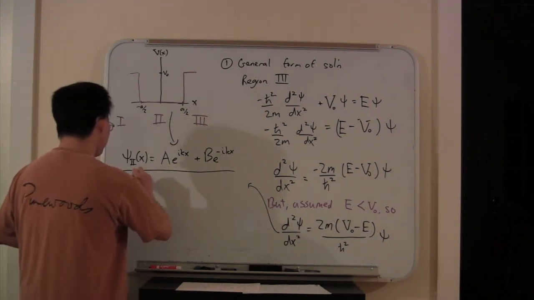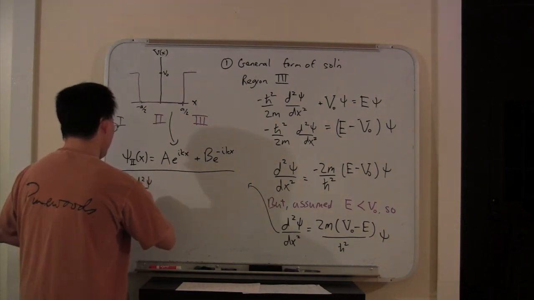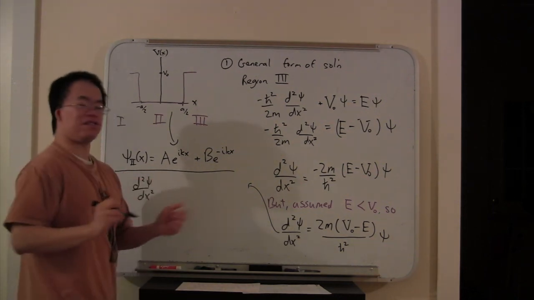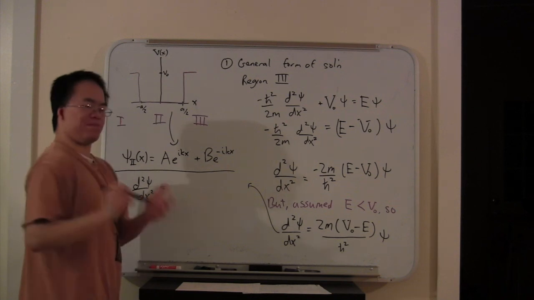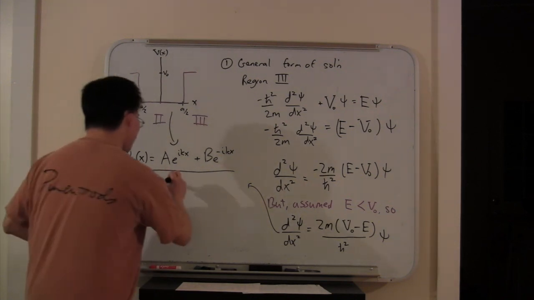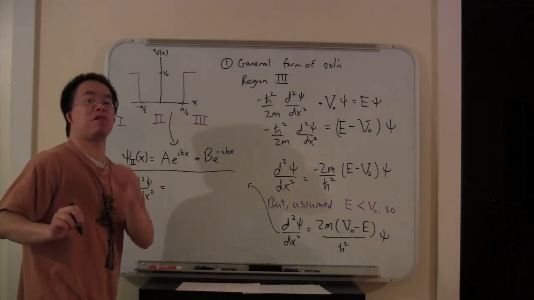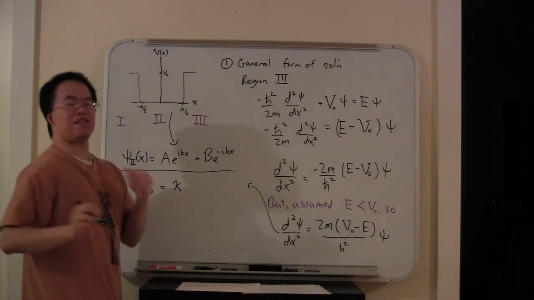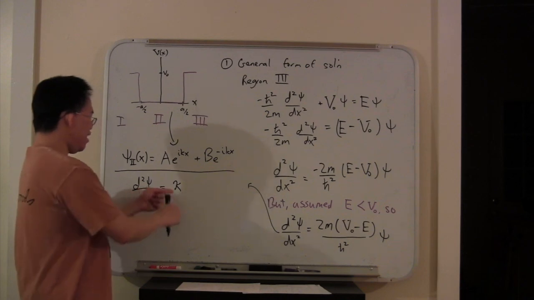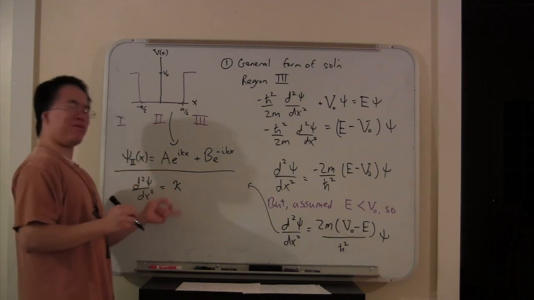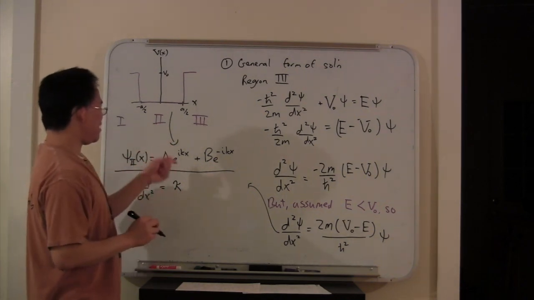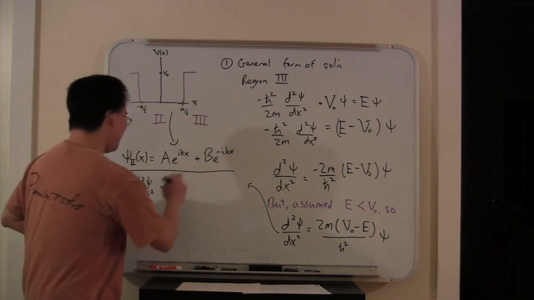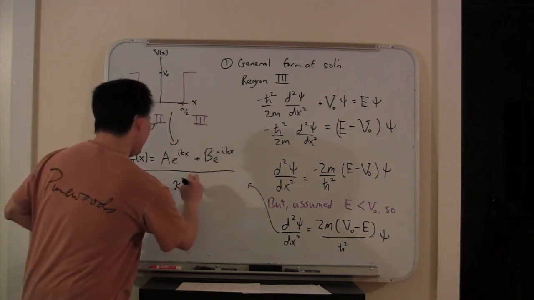So this gives us d squared psi dx squared, and I can write this now in terms of a positive definite constant, which I'm this time going to call kappa. I'll distinguish my k's from kappas. Kappa I will always write with a little curlicue, as opposed to k with a straight side.